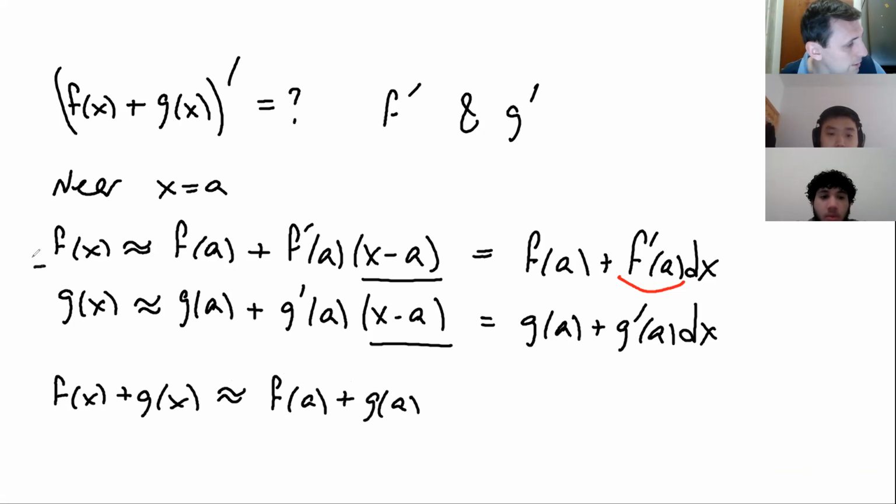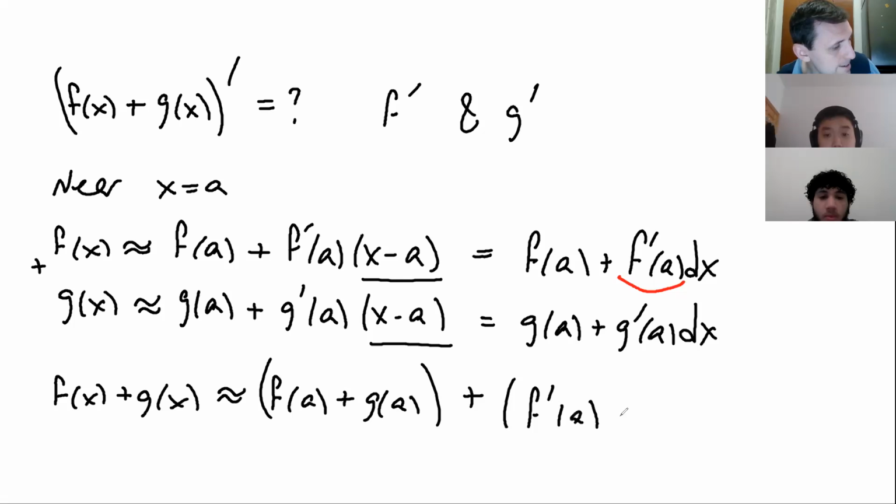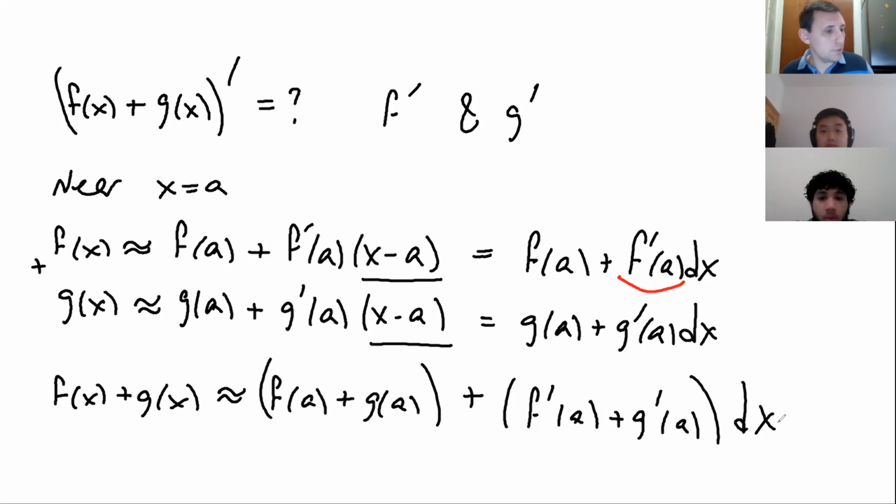Plus here I can see that x minus a is the same, so I will just have f prime a plus g prime a multiplied by dx. Do you all see that? So here is your slope.